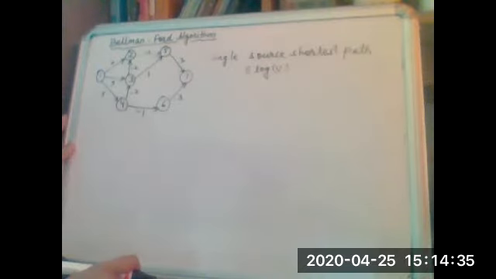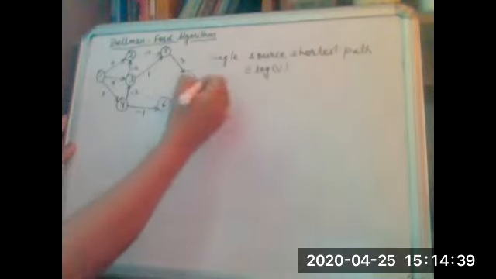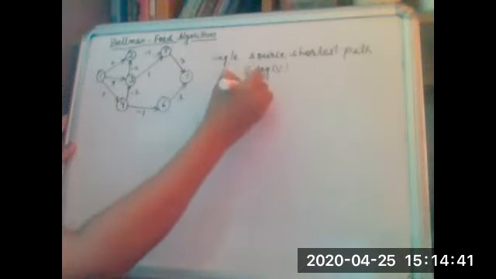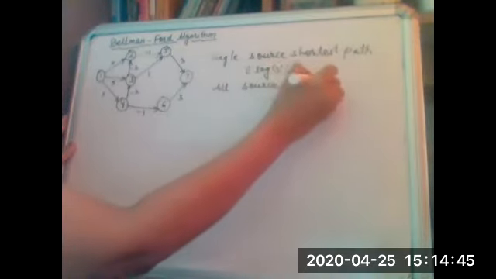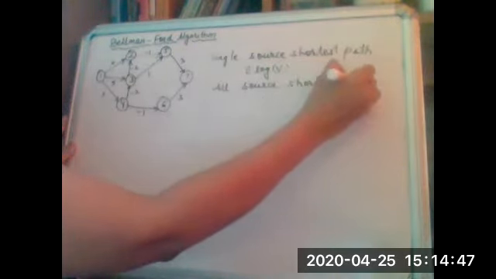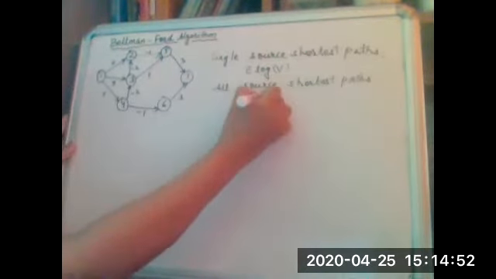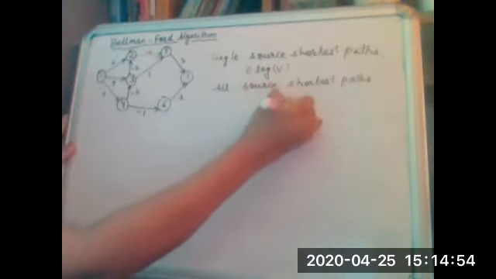And when we talk about Floyd's algorithm, we know that it is an all source shortest path algorithm, and it takes O(V cubed).